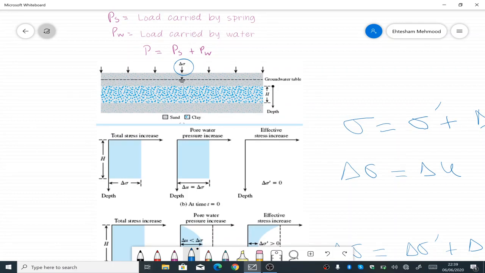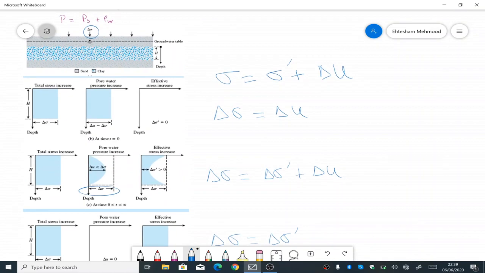At an initial time of t equal to 0, before we talk about it, there is a little explanation here. The total stress in a system, indicated by sigma here, is equal to the effective stress, that is sigma dash, plus delta u, that is the change in pore water pressure.